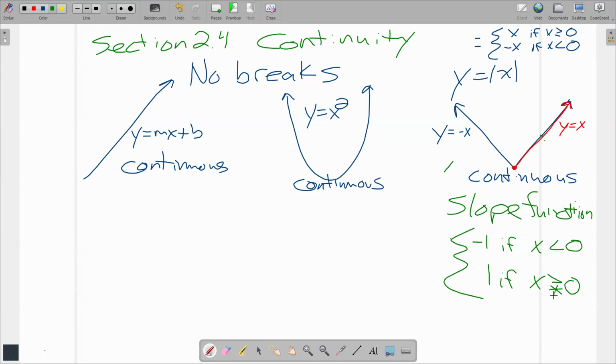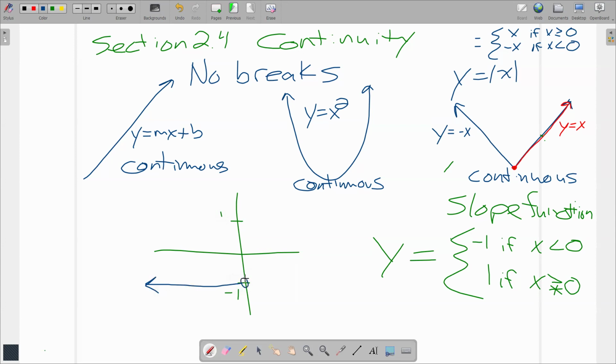I'm going to graph the slope function. So y equals that as a graph. Let's say here is +1, and then down here is -1. So then let's graph it in blue. As long as x is less than 0, the slope is always -1, but at 0, it's not.